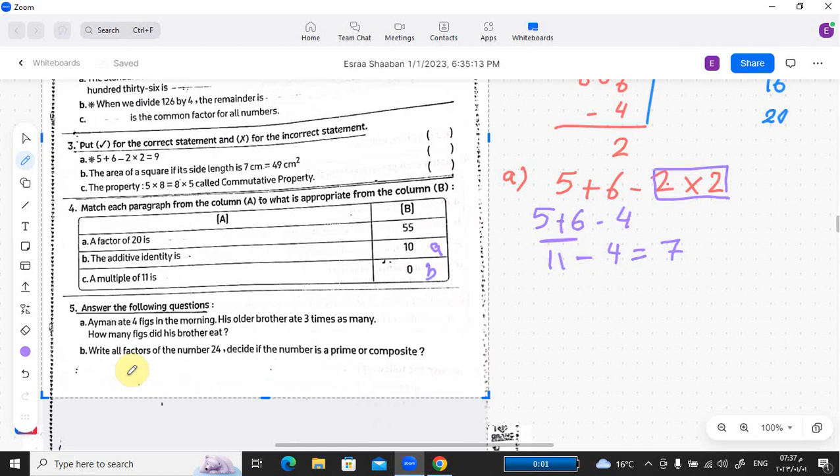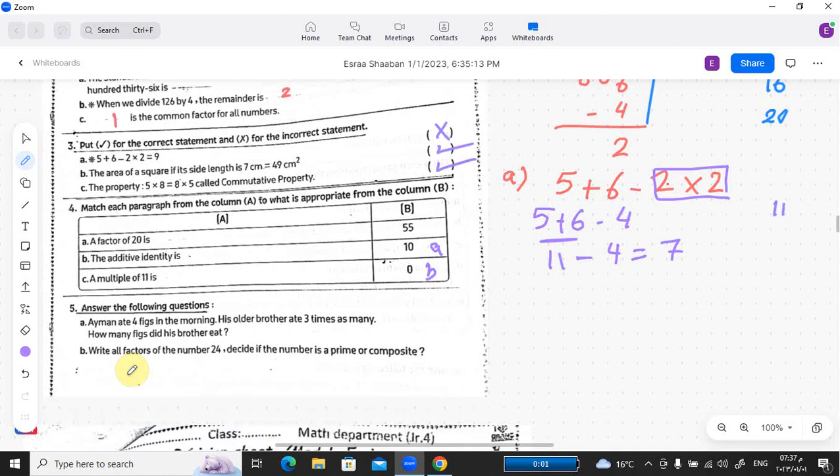Letter C. A multiple of 11. Multiple means answer of table 11. So the table 11 is 11, 22, 33, 44, 55, 66, 77, 88, 99. Okay, so we have here.